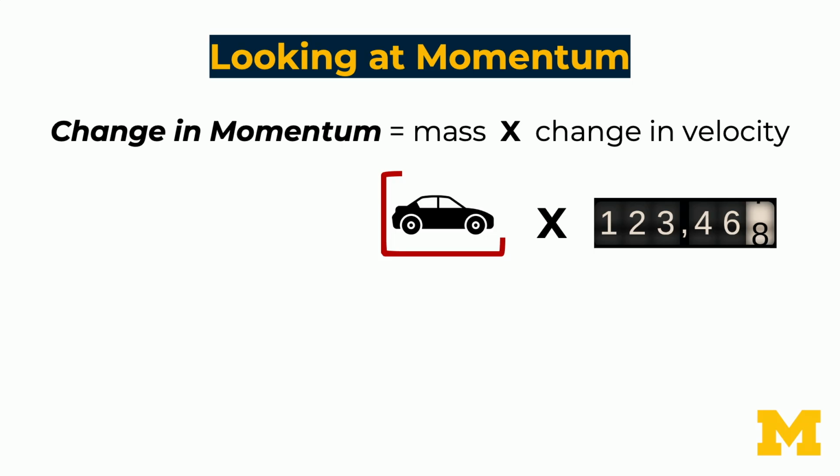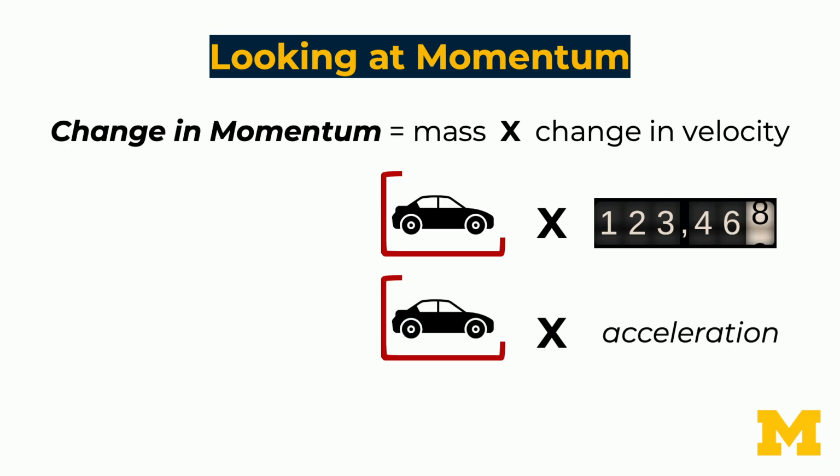That is a change in momentum, and it usually results from a change in velocity. And what is a change in velocity? A change in velocity is acceleration. So a change in momentum is mass times acceleration.